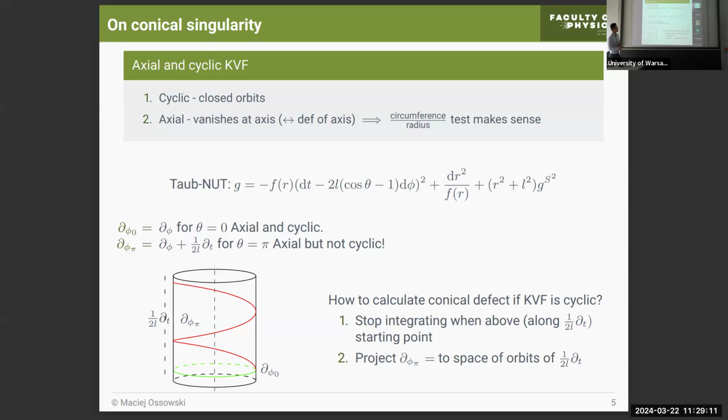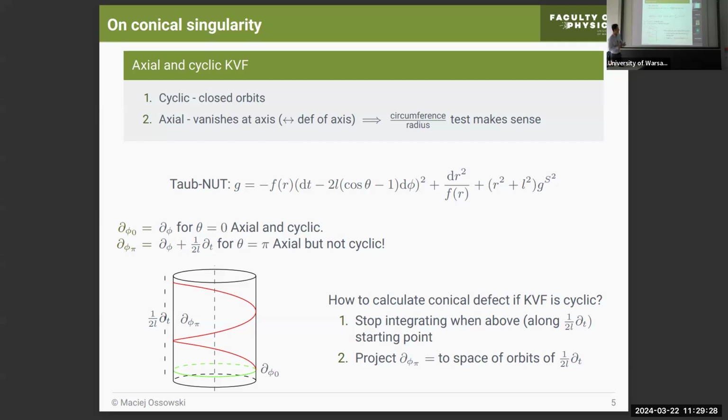However, because there is this term present, 2r cosine theta minus 1, if you calculate the norm of d over d phi at the other pole, you get something that does not actually vanish.